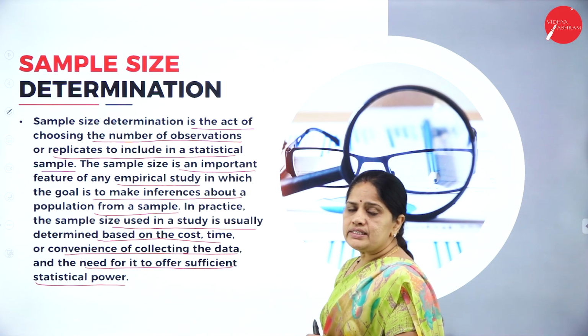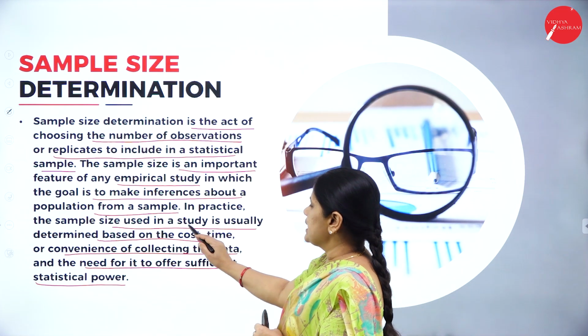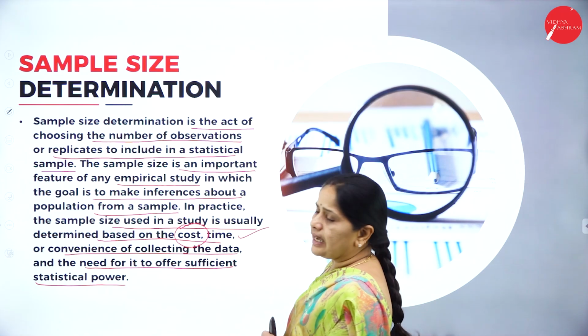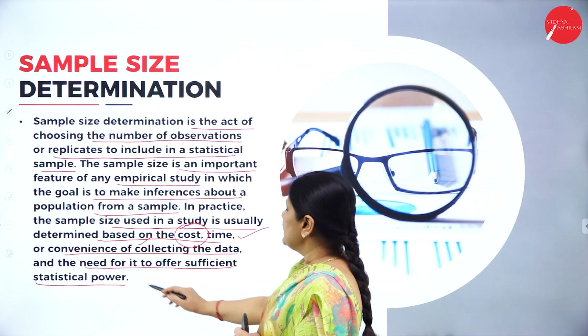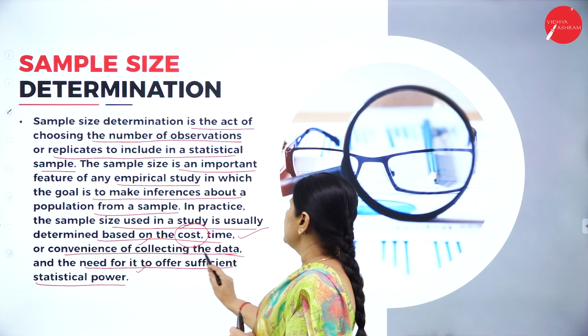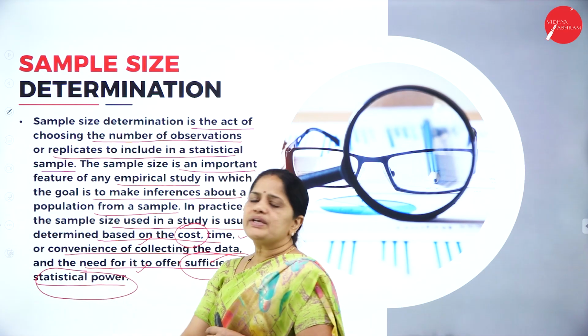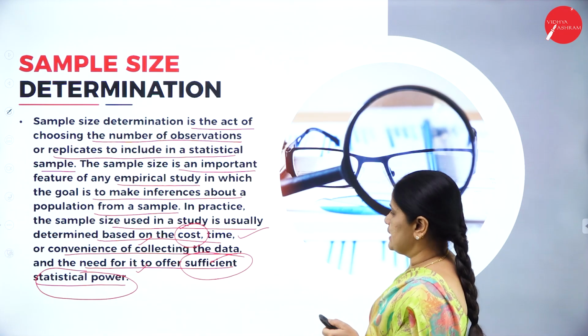Now, what are the factors which affect the sample size? The factors are the cost of collecting the sample, the time involved in collecting, the convenience of collecting, and the need for it to offer sufficient statistical power. So, what statistical power will it give? All this will decide the sample size.